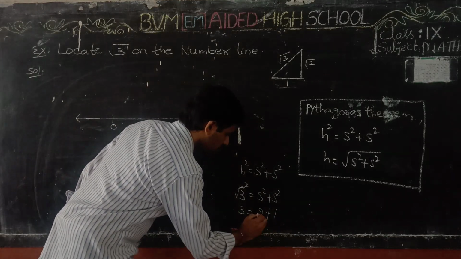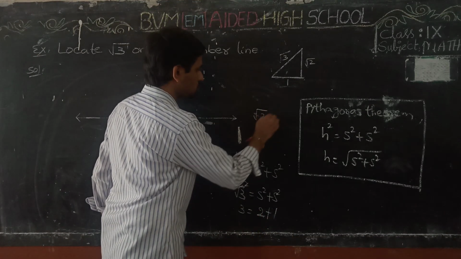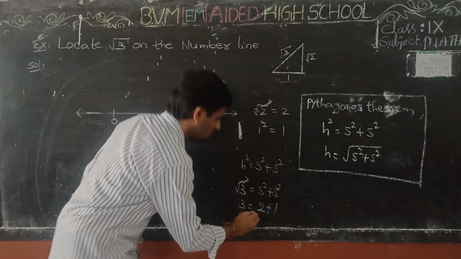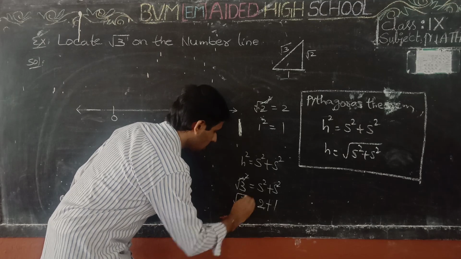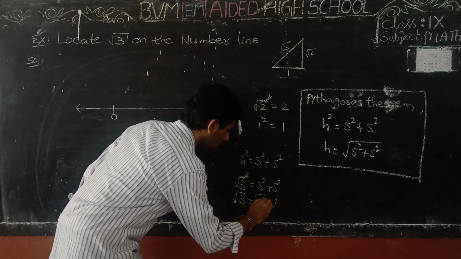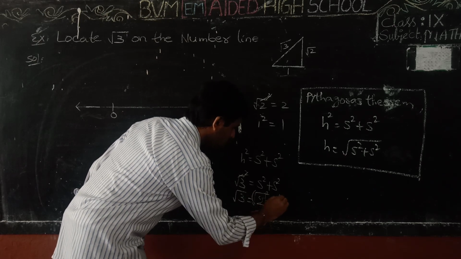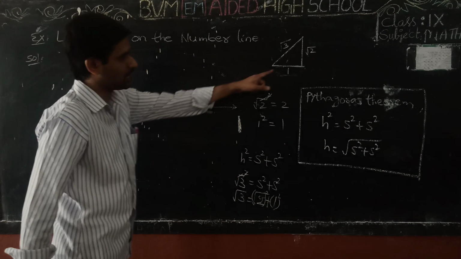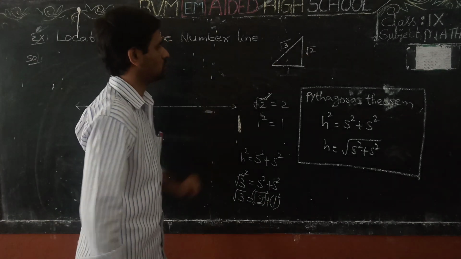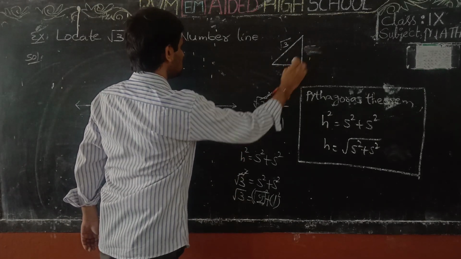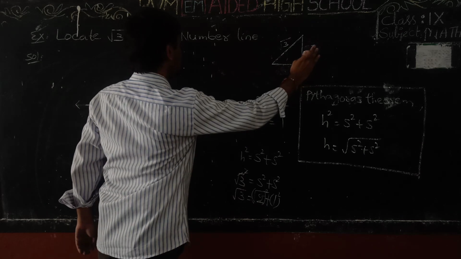So root 2 square equal to 2, 1 square equal to 1. So the square of the hypotenuse equals square of root 2 plus square of 1. That means one base is 1 and height is root 2, or height is 1 and base is root 2. We can take anything like this.